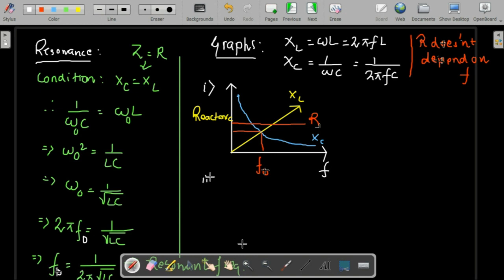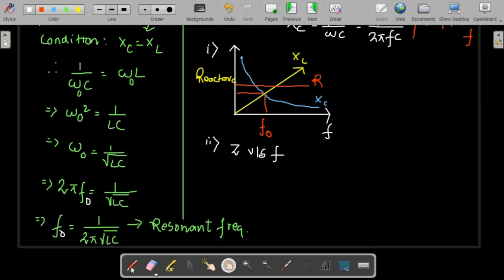We can have different kinds of graphs. We can now have a graph between impedance and frequency, where we consider all the components together. For that, we already know what my impedance is. Whether it is a capacitive circuit or an inductive circuit, you can have it as root over r square plus XC minus XL whole square, or XL minus XC.